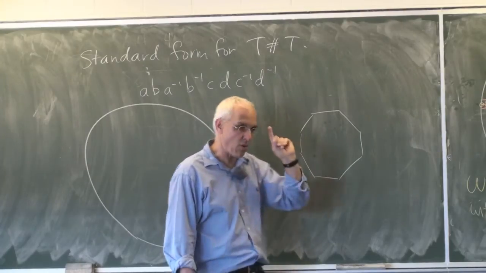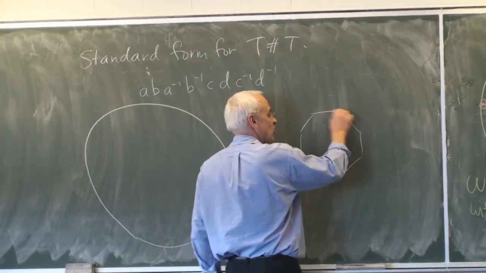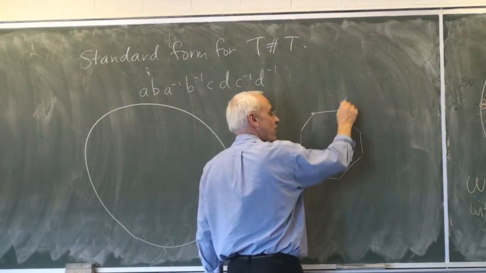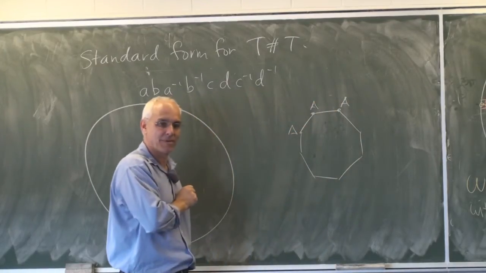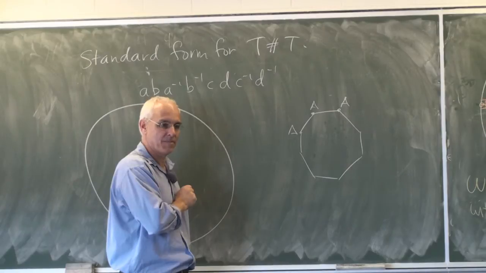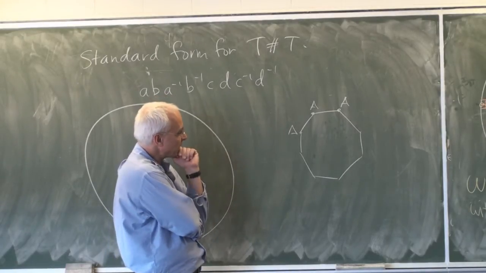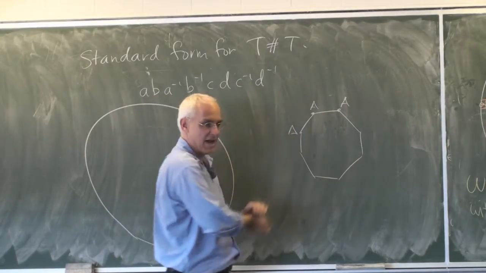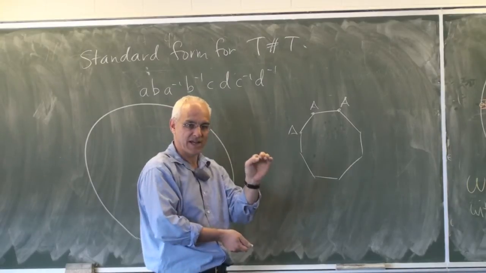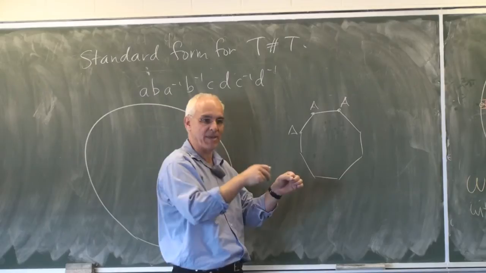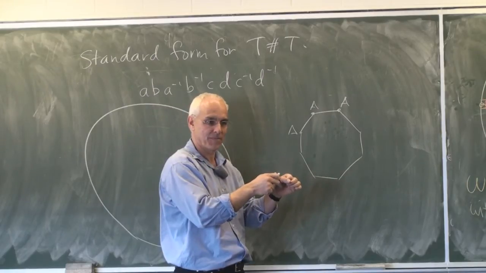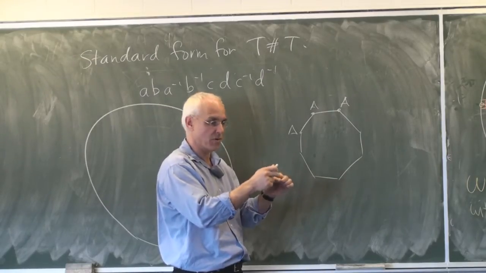But remember that in the course of the proof, this is the first proof, we arranged that all of the vertices were the same. Remember that? So that means that when we eventually glue this together, the vertex A is going to have 8 corners coming in.